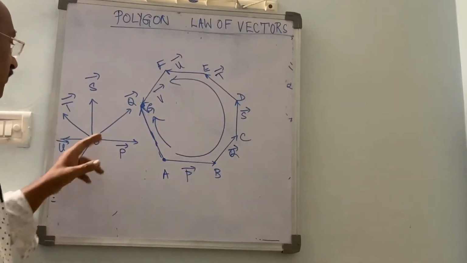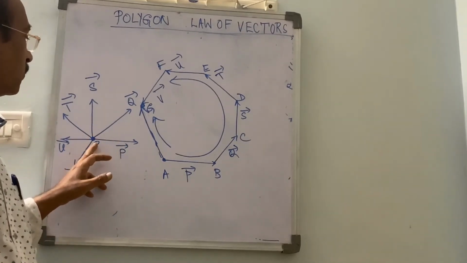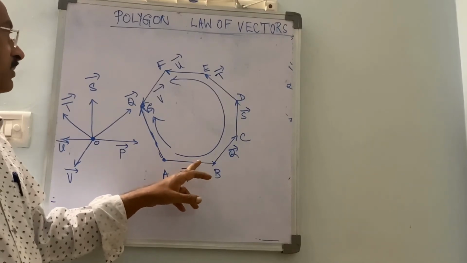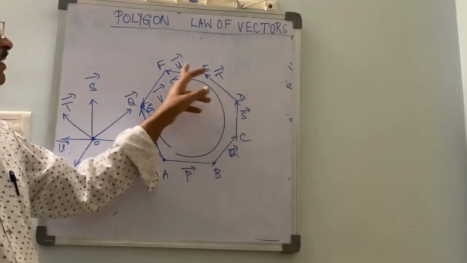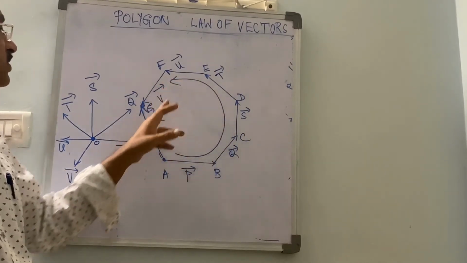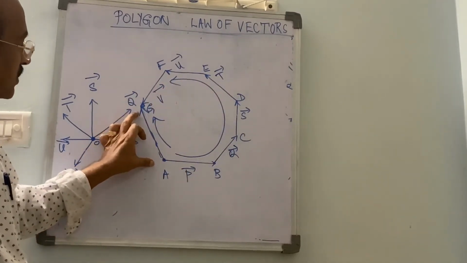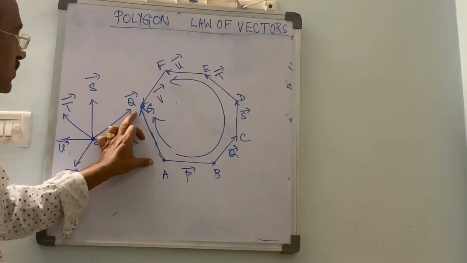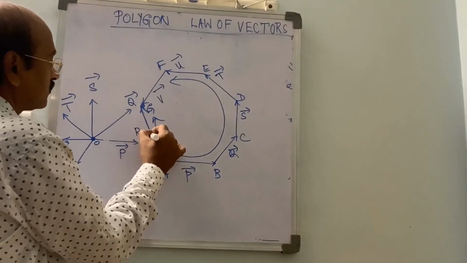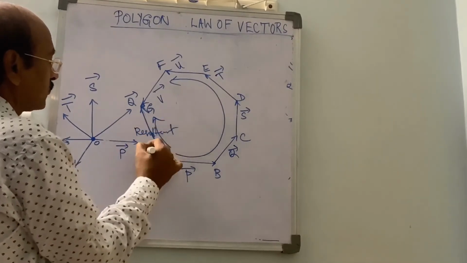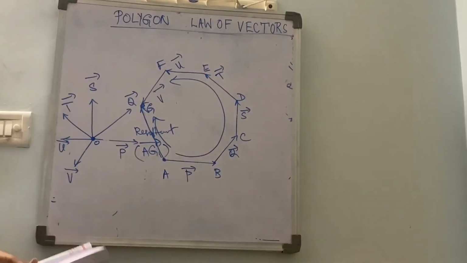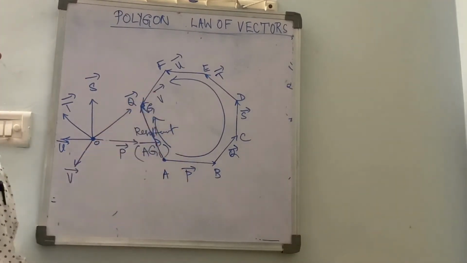So if a number of vectors acting at point O are represented by the sides of a polygon taken in an order, that is in anti-clockwise direction, then the resultant is represented by the closing side of the polygon. Resultant is AG bar, which is in anti-clockwise direction.